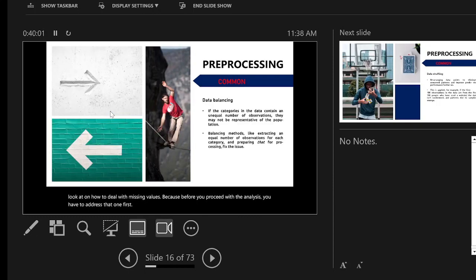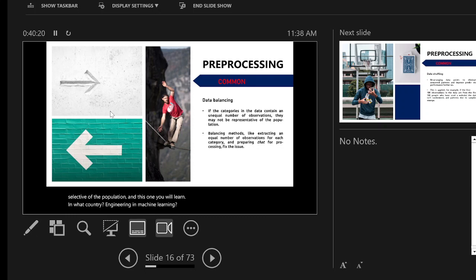Another one is called data balancing. If the categories in the data do not contain an equal number of observations, they may not be representative of the population. And this one you will learn in what is called feature engineering in machine learning.